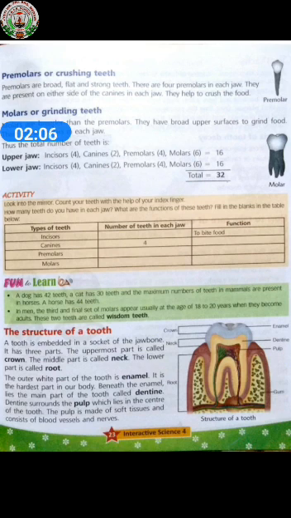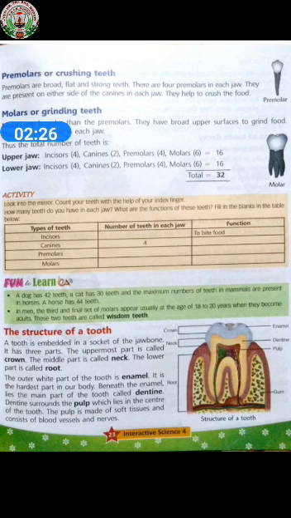It is softer than the enamel. The tooth has two anatomical parts, the crown and the root. The crown is the part of the tooth that is normally visible in the mouth.